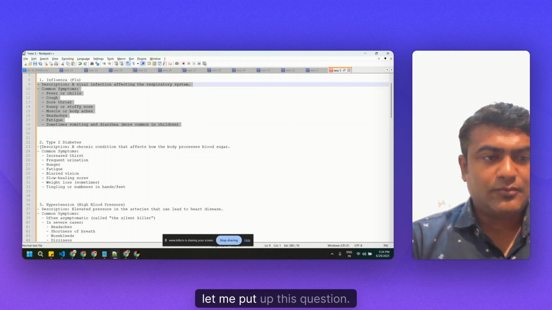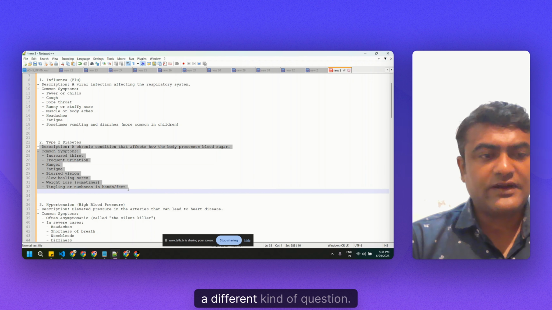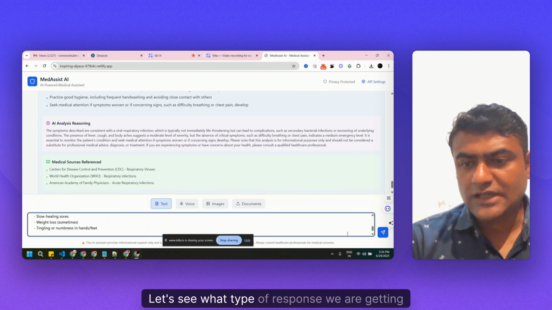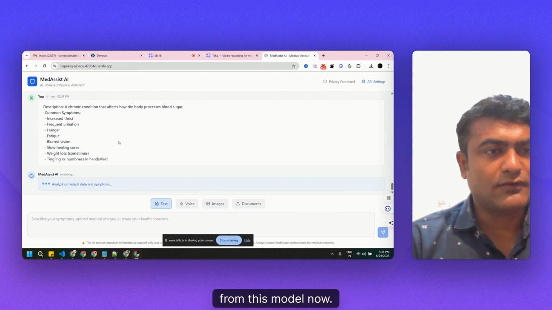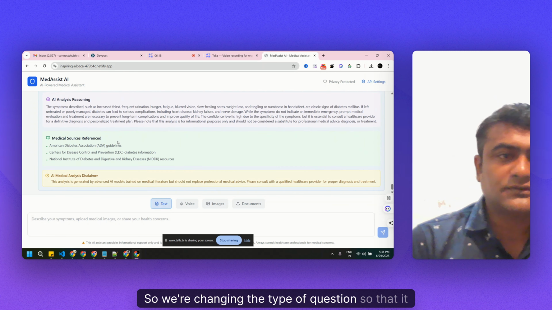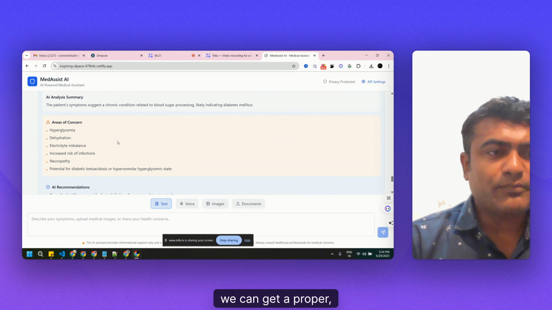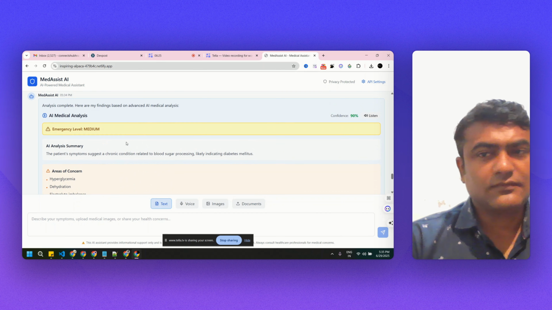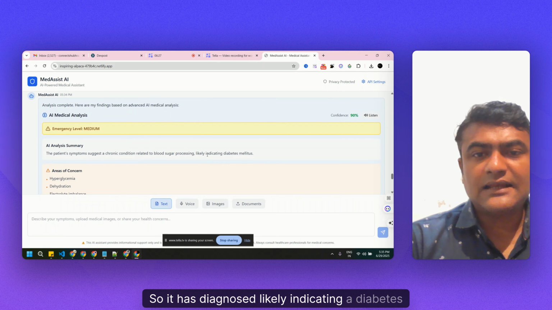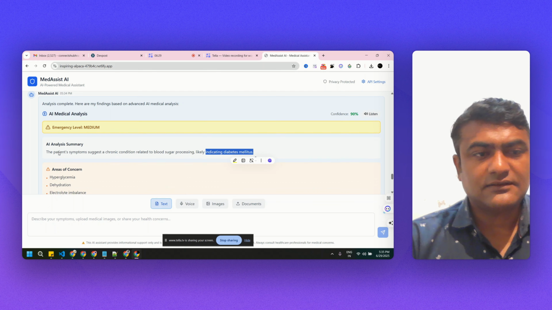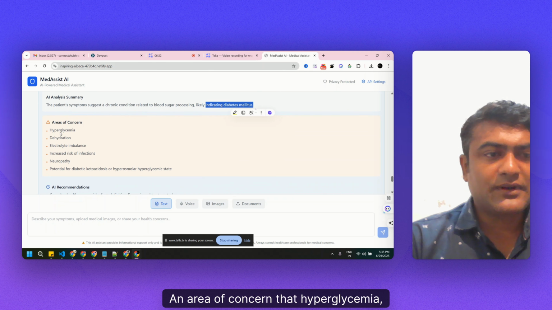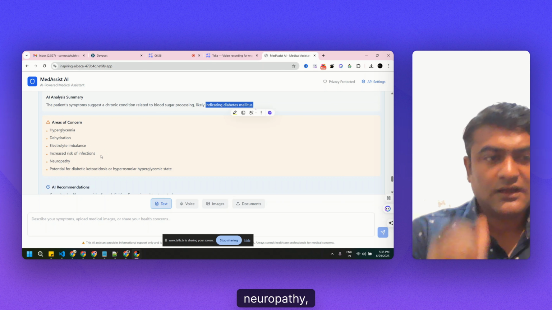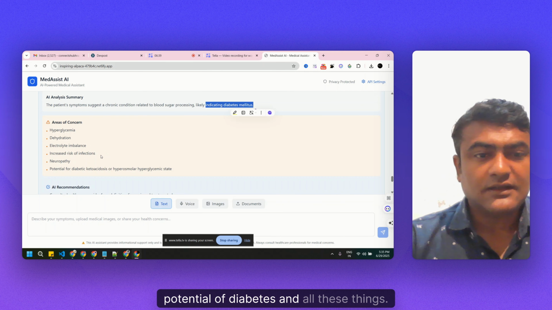Okay, let me put up another, different kind of question. It is related to diabetes. Let's see what type of response we are getting from this model now. We're changing the type of question so that we can get a proper analysis from the model. So it has diagnosed a likely diabetes mellitus. Areas of concern: hyperglycemia, dehydration, electrolyte imbalance, increased risk of infection, neuropathy, and all these things.